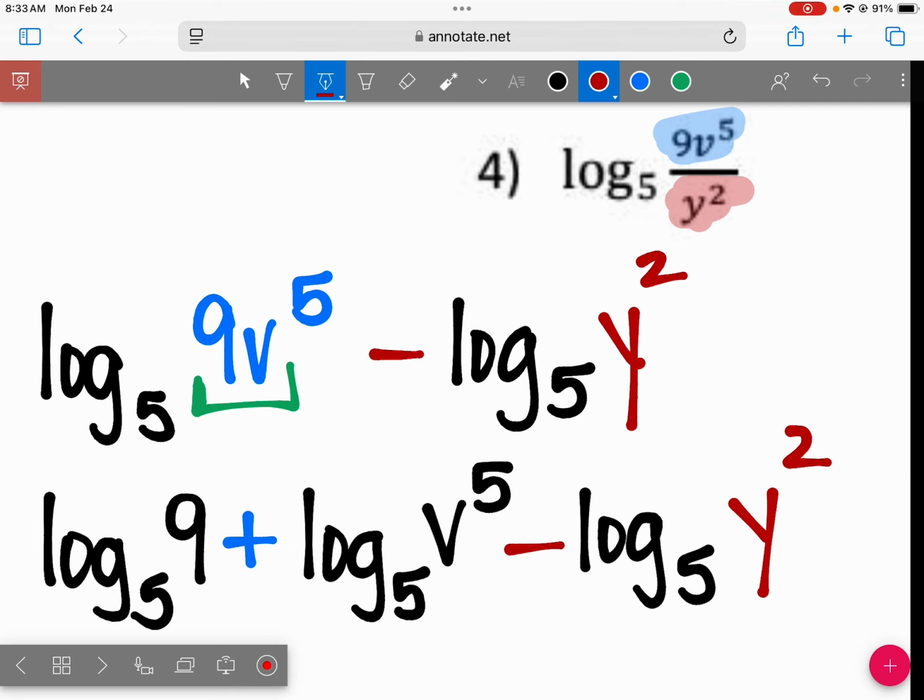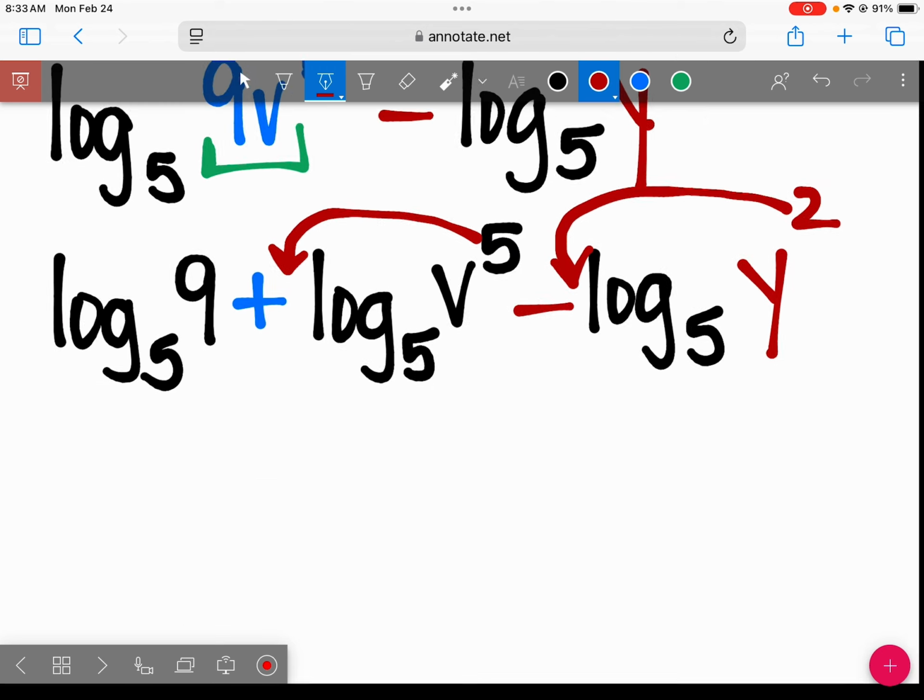We need to see, do we have any exponents? And anytime there's an exponent, it gets moved right to the front of its log. So this 5 is going to move and park itself right there in front. This 2 drives and parks itself right there in front.